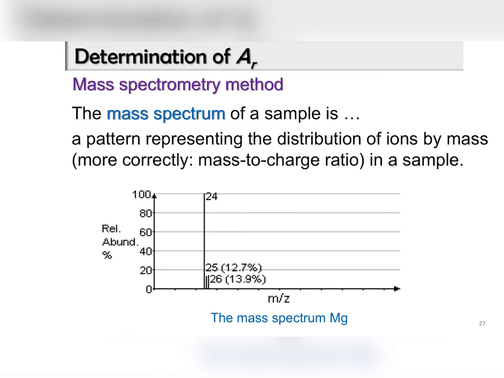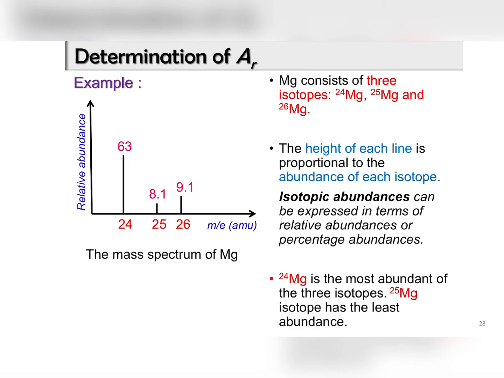From the mass spectrum, you can see a pattern representing the distribution of ions by mass. So it will show the mass to charge ratio. Sometimes it can show the abundance, or sometimes it can also give the information in percentage.